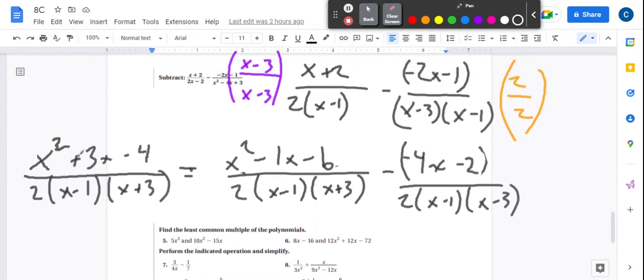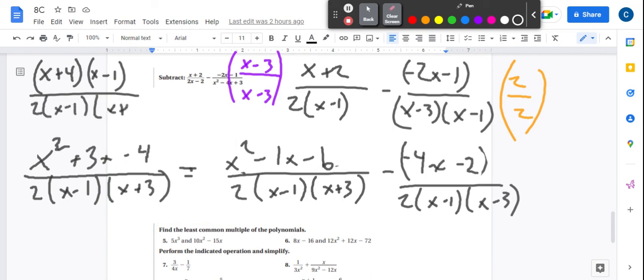So now this thing could even simplify further. Okay, so we have x squared plus 3x minus 4. That factors out. So two numbers that multiply to negative 4 that add to 3: positive 4, negative 1. So that becomes x plus 4 times x minus 1 on top. Then we have 2 times x minus 1 times x minus 3 on the bottom. Okay, and so what happens is the x minus 1s cancel out.